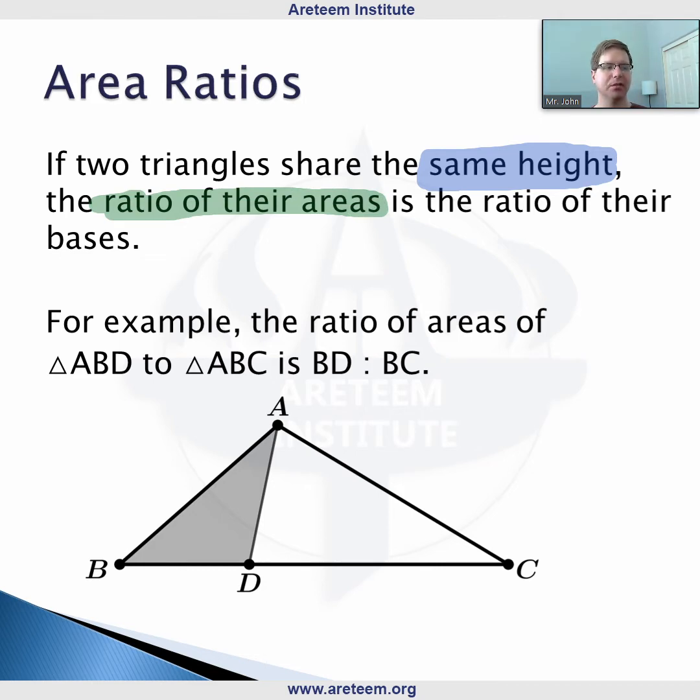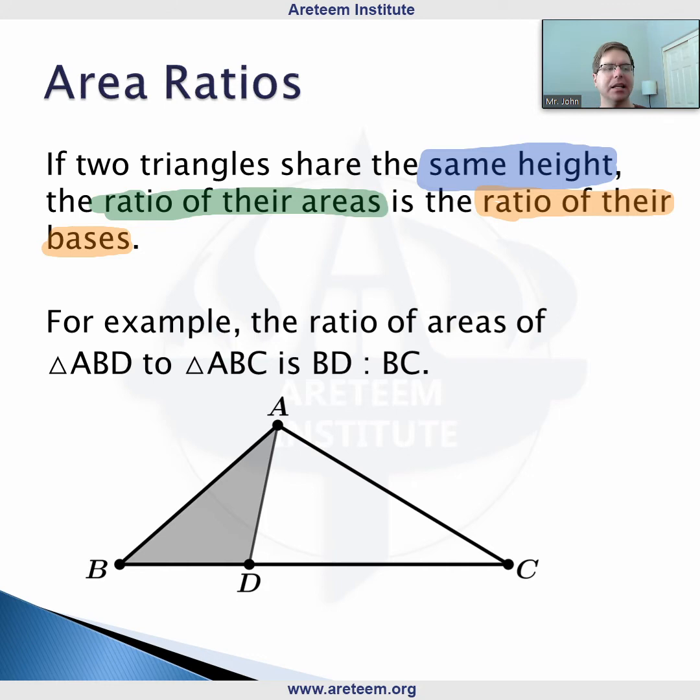So the ratio of areas is equal to the ratio of the bases. In the picture down here, we have the full triangle ABC, and then a smaller triangle ABD. So the ratio of them is BD to BC.